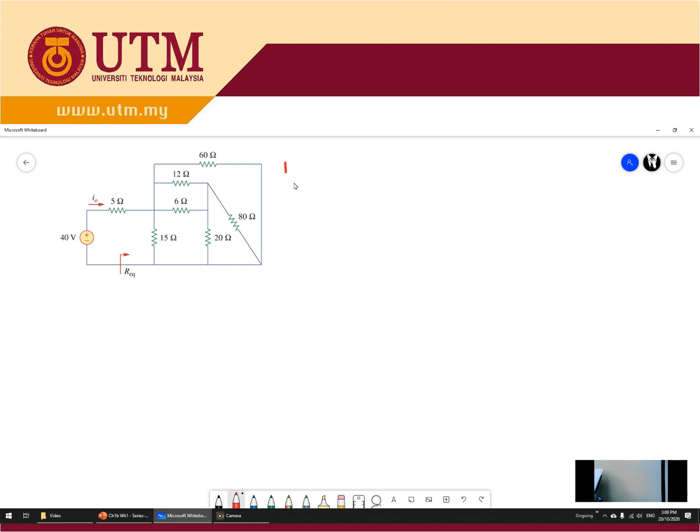So first, 12 parallel with 6 equals 12 plus 6 reciprocal. Of course the same method, 12 plus 6 equals 4 ohm.